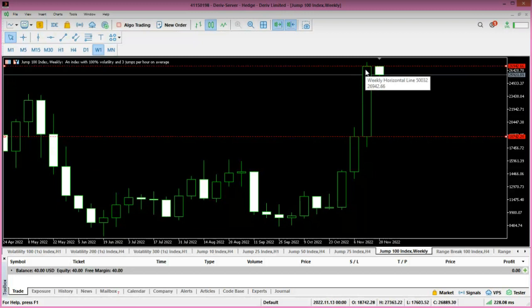So if the body is quite long, it means that the buying pressure is high. If it was maybe, for example, like this one, it would have been that the selling pressure was too high. Okay, so in this case, the buying pressure is too high.